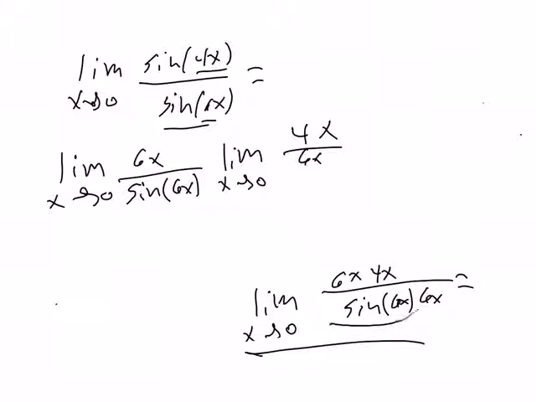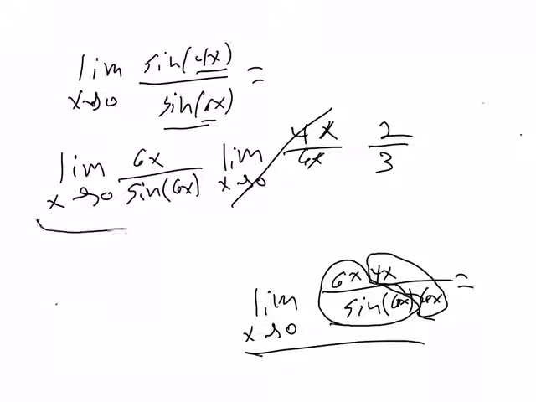I basically took this and broke it off with that. The x's cancel and 4 over 6 reduces, so this is going to give us 2 over 3.